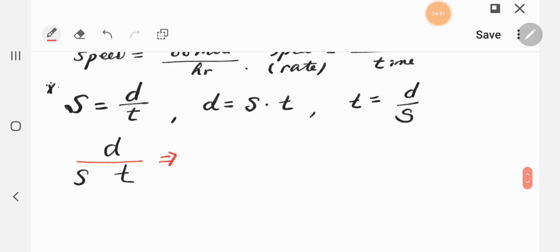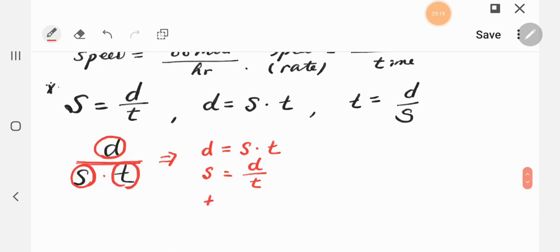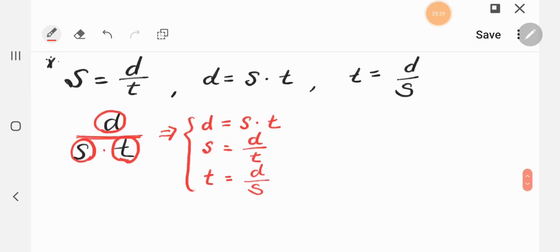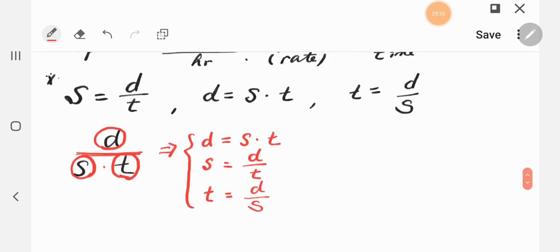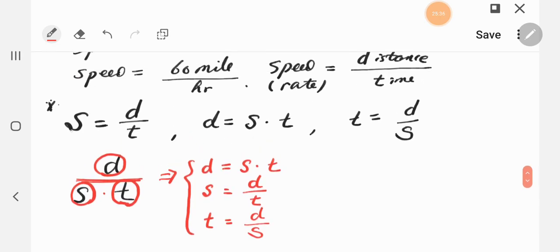So this one represents that the distance is equal to the denominator, S times T. So we have D equals ST. And then S is equal to the other variables, D over T. Finally, the time is equal to distance over S. So you may have three equations using this triangle DST, or you can have three equations using the definition of the speed. Speed is miles per hour, so distance over time.